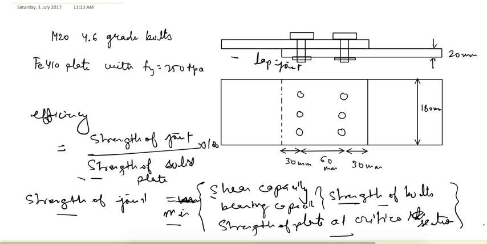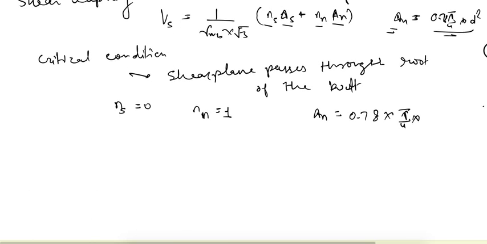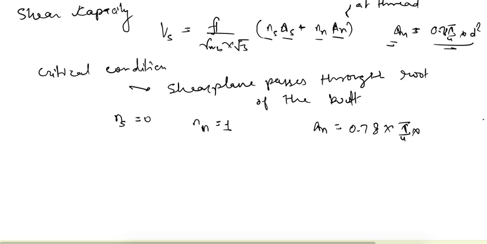It is given that M20 bolt is used, it means d is equal to 20 and d naught, that is dia of the hole, is 22 mm. 4.6 means the ultimate strength of bolt is 400 MPa and the yield stress is 240 MPa. So we have to use the ultimate stress in this formula. Here I missed it, this is fub.